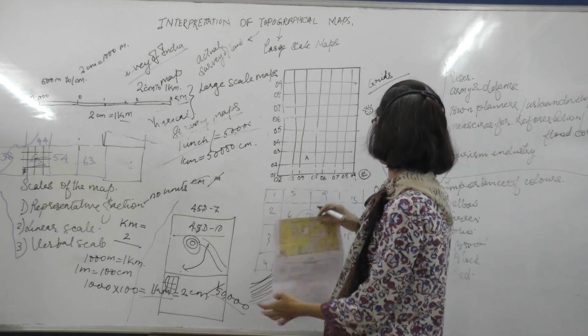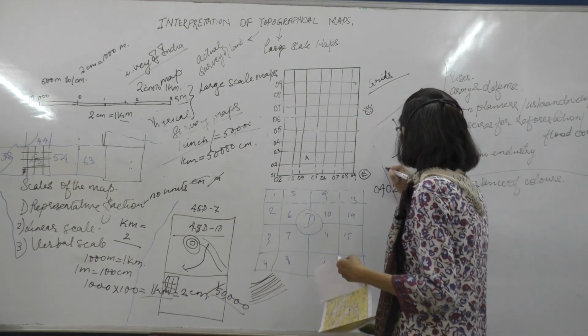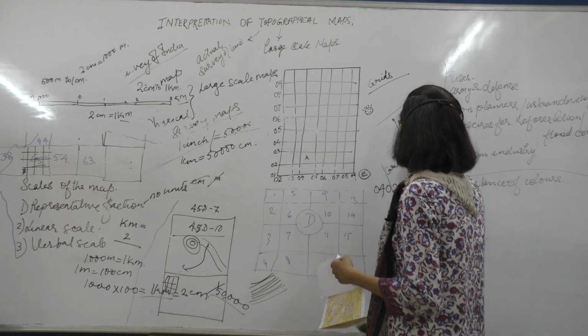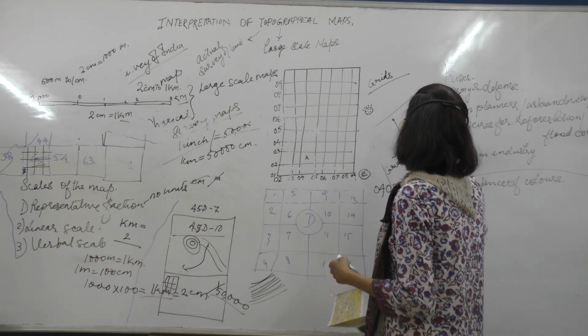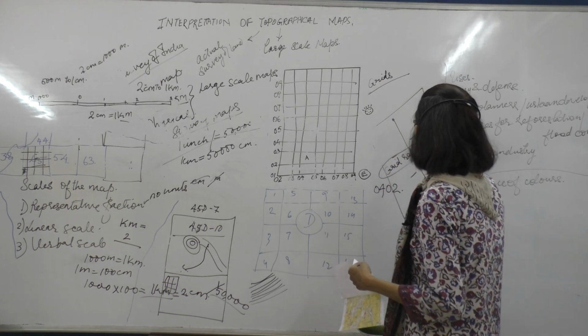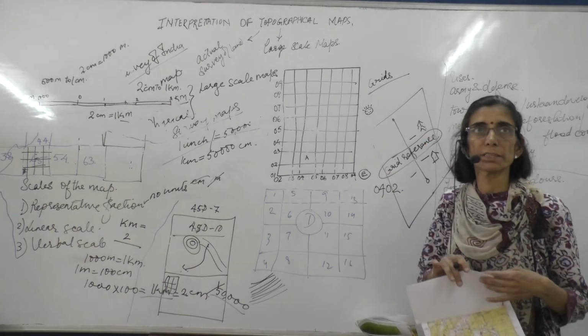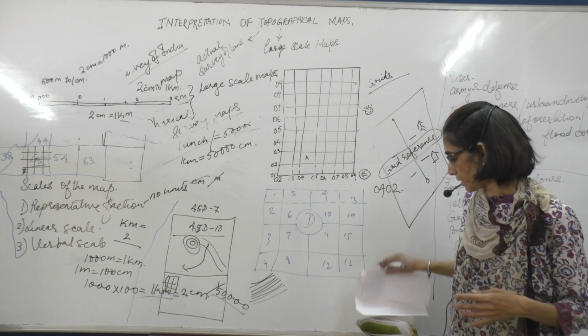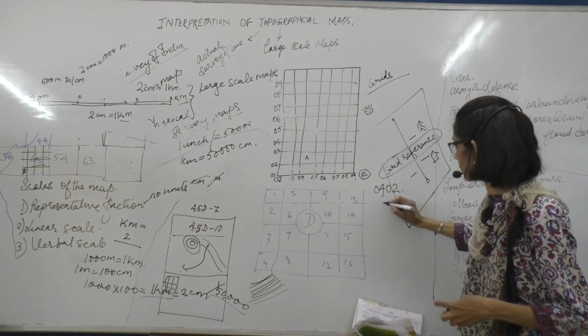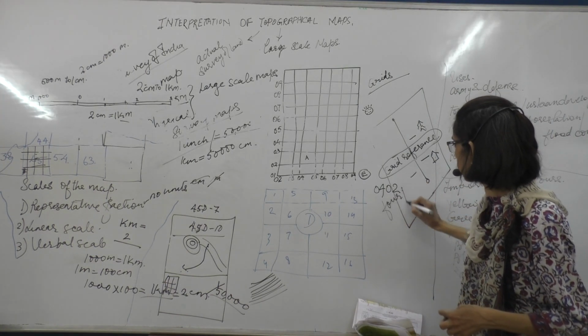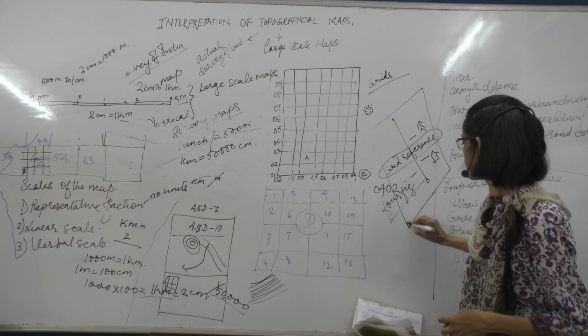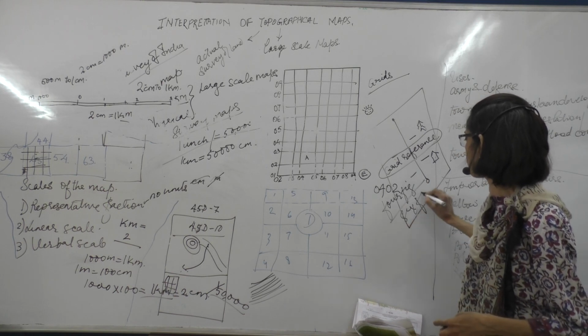There are two ways of this. It's called grid reference, which helps us in reading the topo sheet. So what we wrote was a 4 figure reference. Similarly, we have 6 figure.